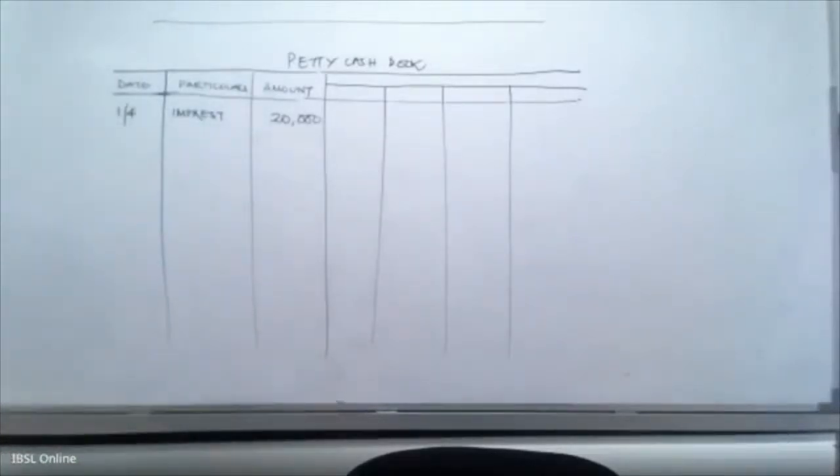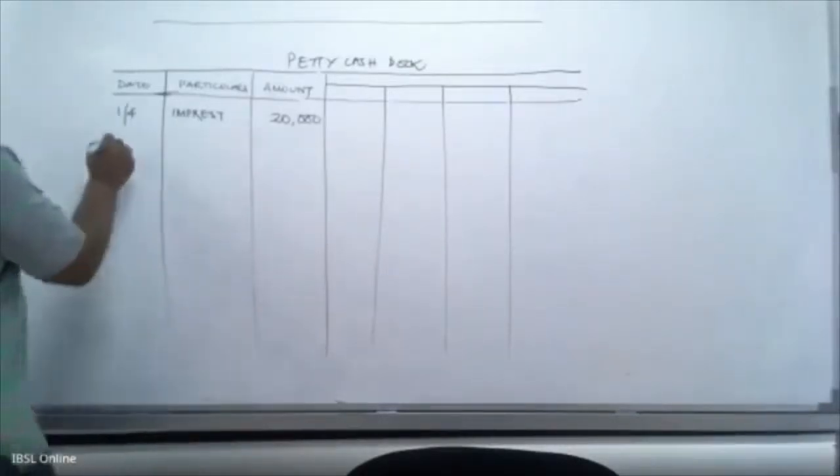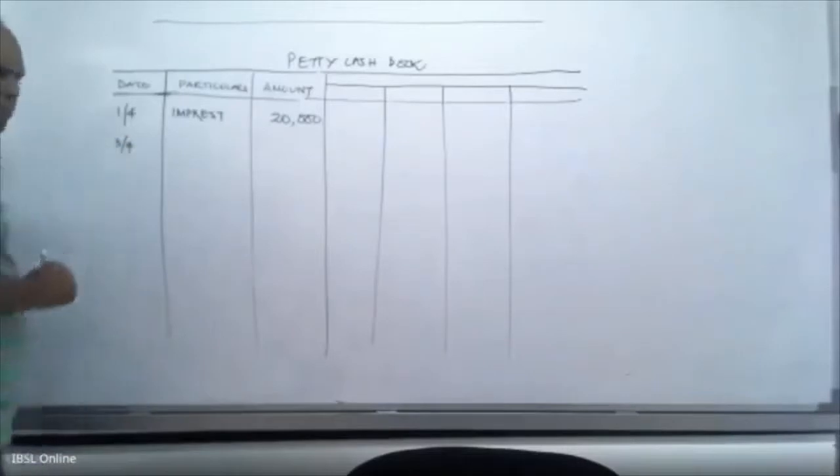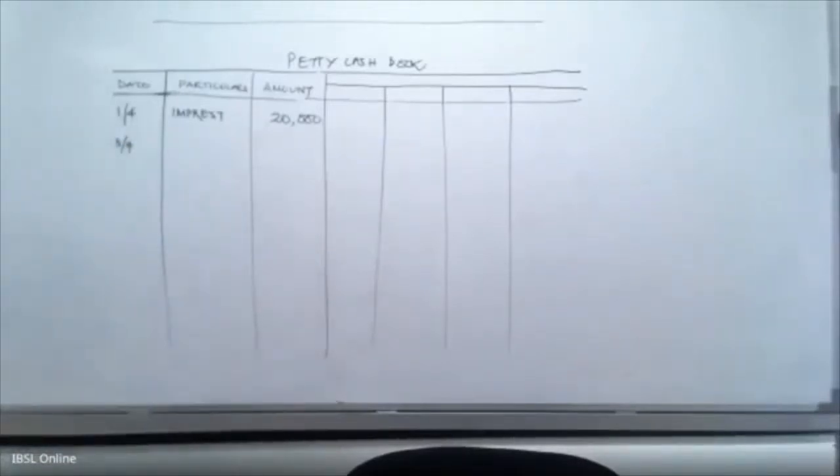And now you are also given some transactions. So on 3rd April, you have stamps purchased for 300 rupees. Now what we do here is, we need to maintain a record of each expense in detail.